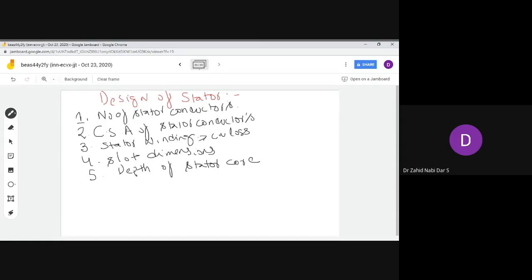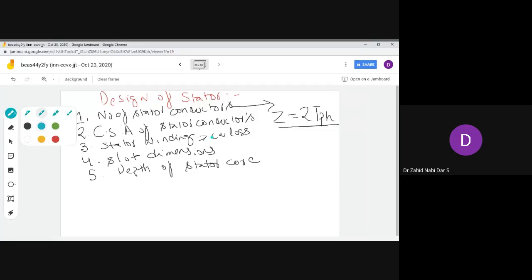As far as the number of stator conductors required, the number of stator conductors per phase would be equal to Z. Previously we have also seen that Z is equal to 2 times T phase.